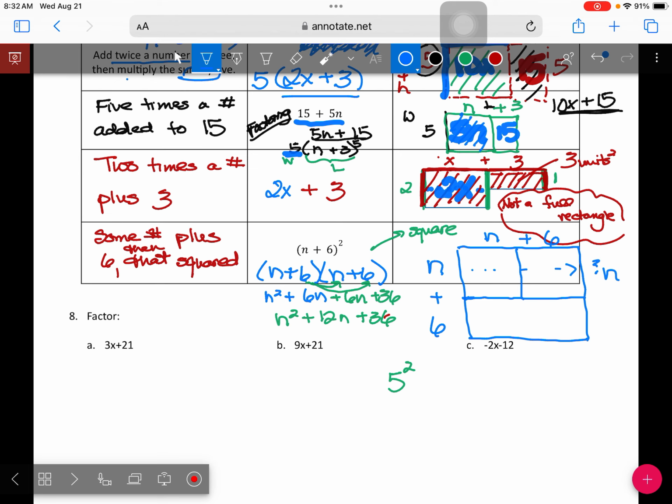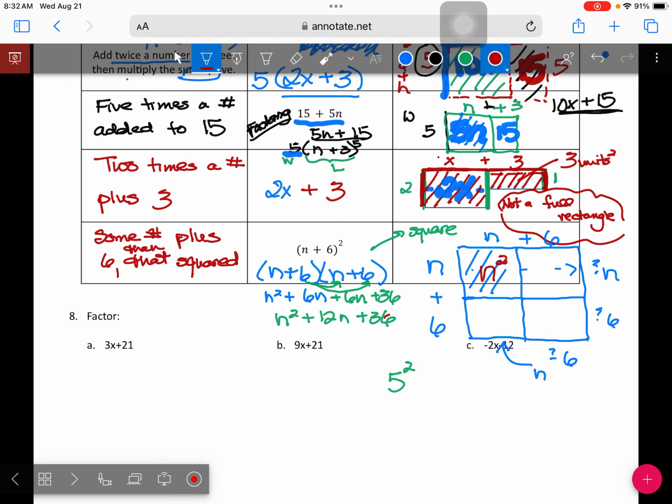And I'm going to have this down here. This one doesn't quite look the same. What is this amount right here? N. That is also n because it's n at the top. What is this right here? 6. And what is this over here? 6.